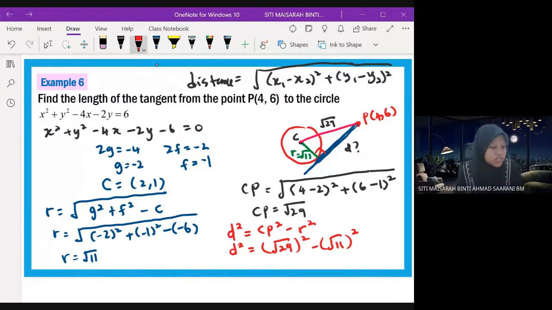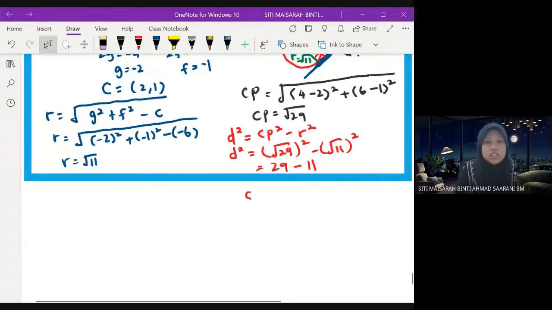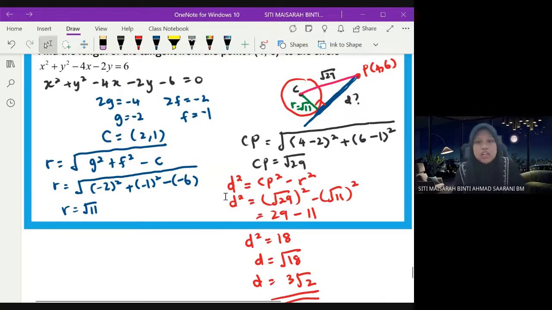So 29 tolak 11 kita dapat 18. So this is D square equals to 18. So D equals to square root 18. So jarak dia sepatutnya positif lah. So that's why kat sini kita tak letak plus minus. So D is square root 18, kita boleh kecilkan menjadi 3 square root 2. Kalau tinggal square root 18 pun kita terima. So finally length of tangent is 3 square root 2.